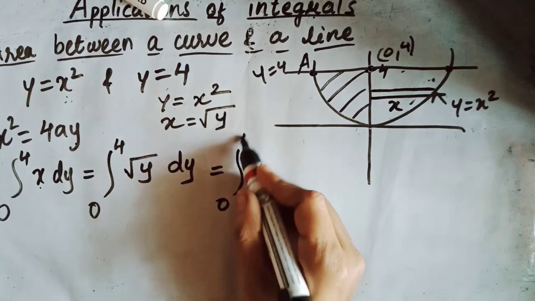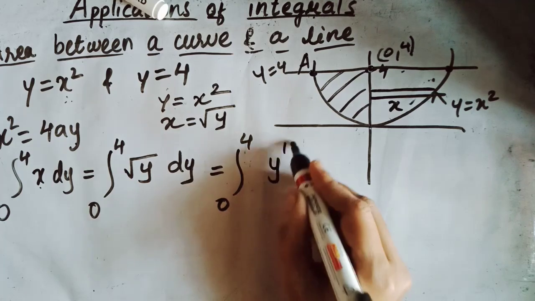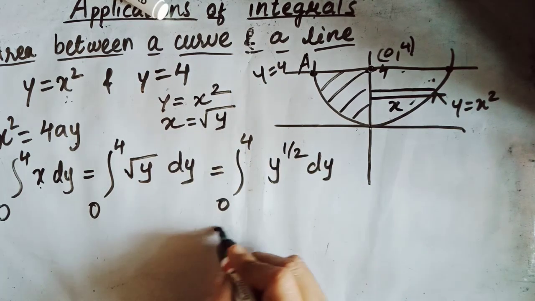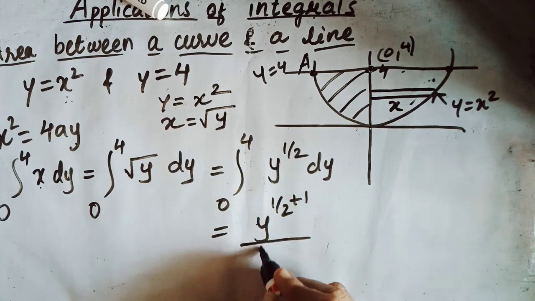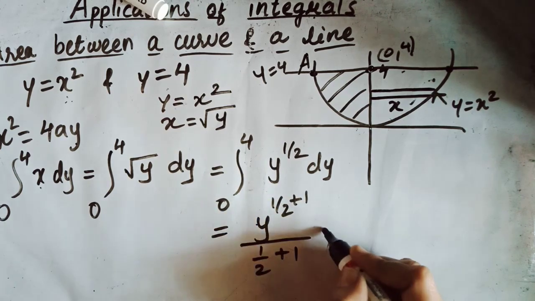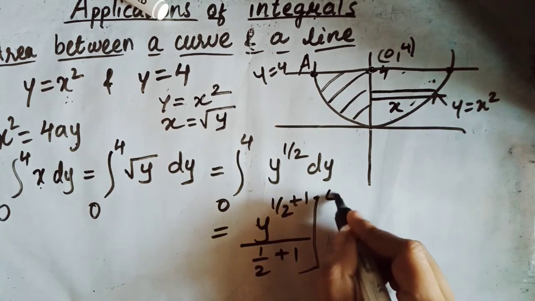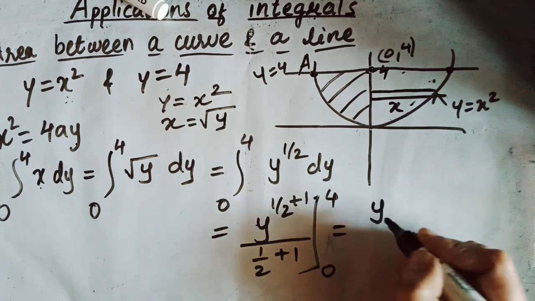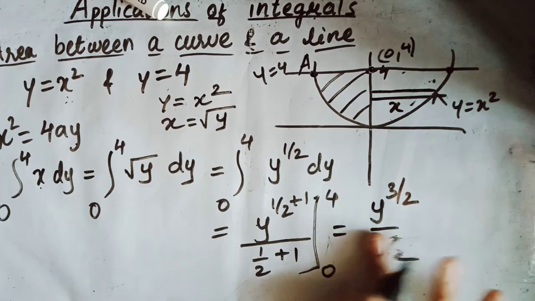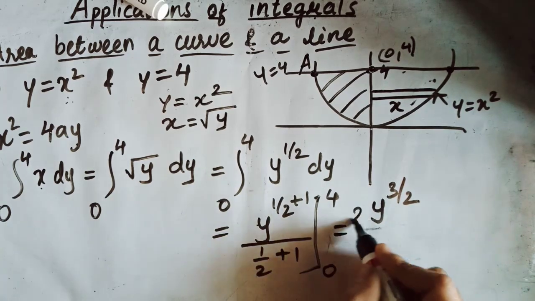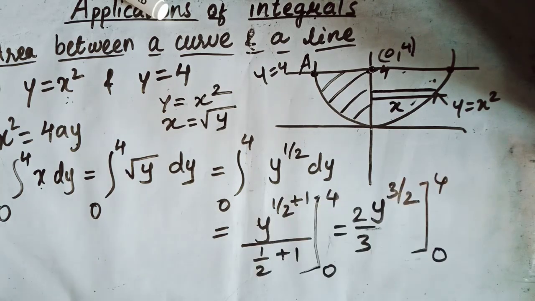Now you integrate. The integration of root y, that is y raised to half dy, is y raised to half plus 1 upon half plus 1, and this is from 0 to 4. So this will be y raised to 3 by 2, divided by 3 by 2, so you can write 2 by 3, from 0 to 4.